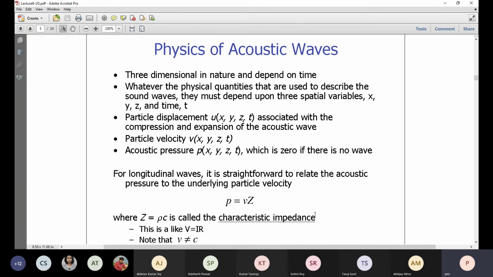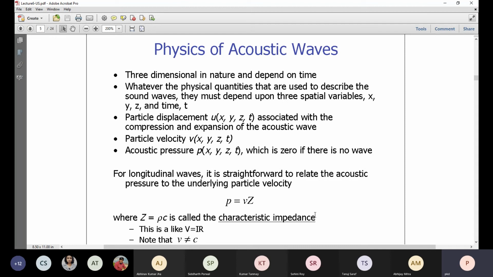Now that equation, of course, is valid, but then in various directions the propagation will be radial, unlike the plane wave.